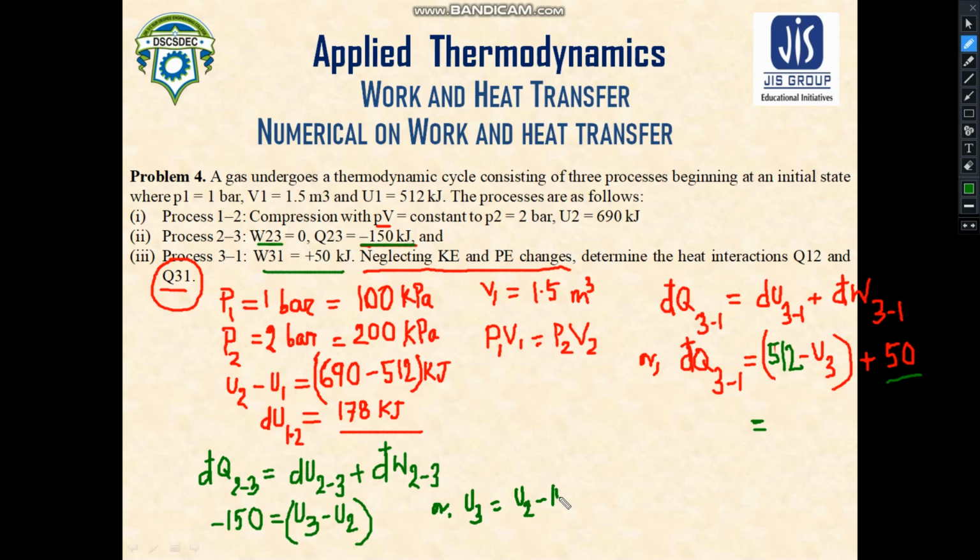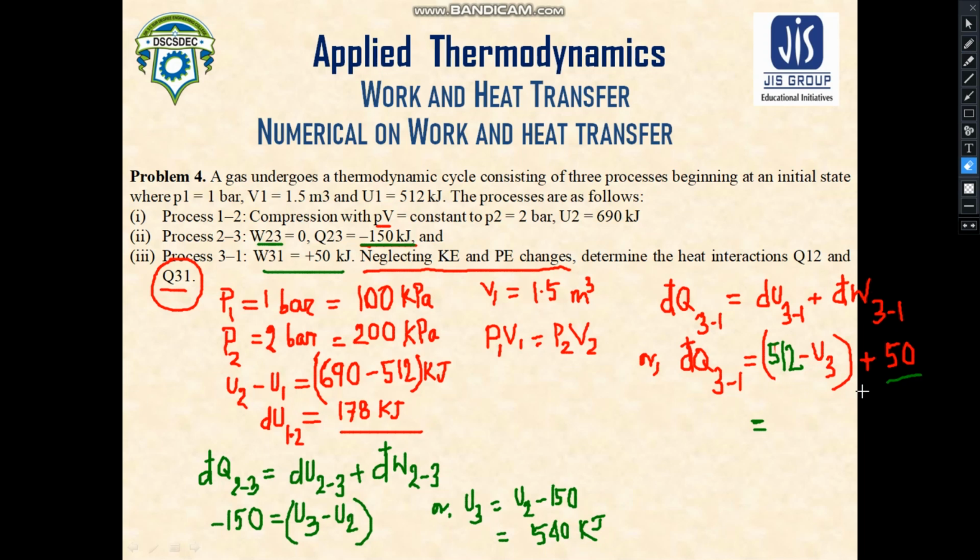This is simple mathematics. When we calculate U2 minus 150, it gives us a value of 540 kilojoules.